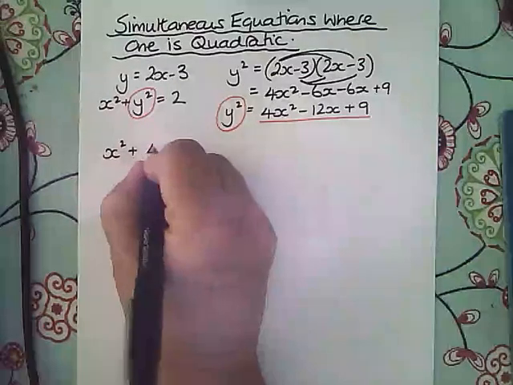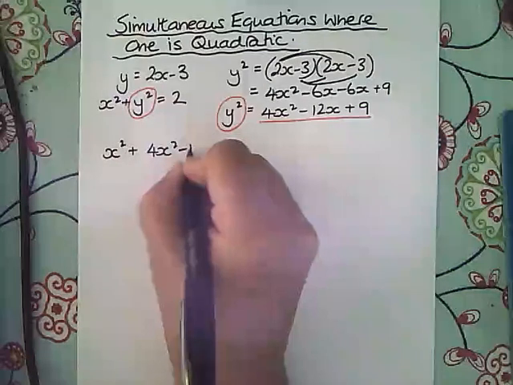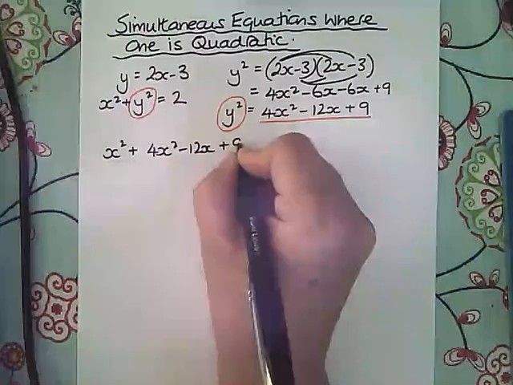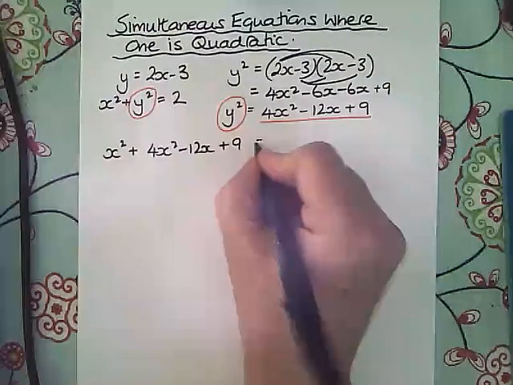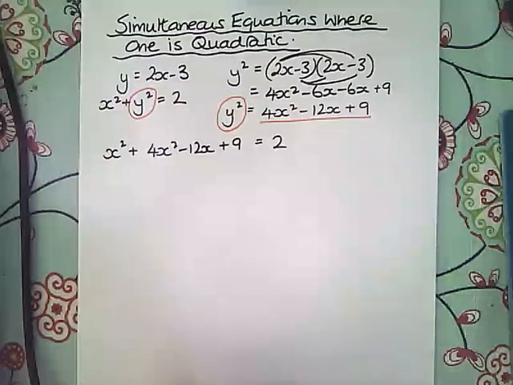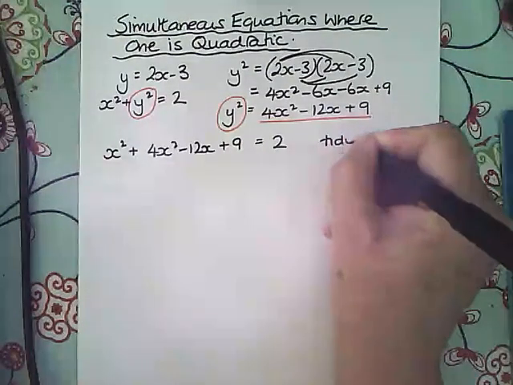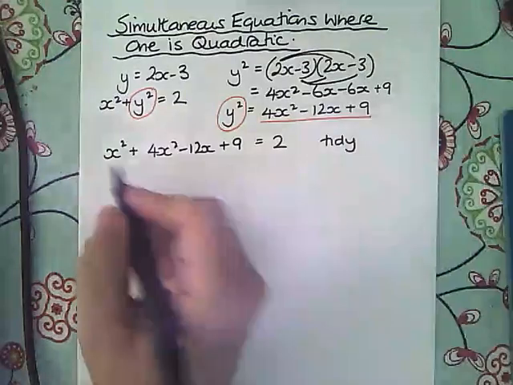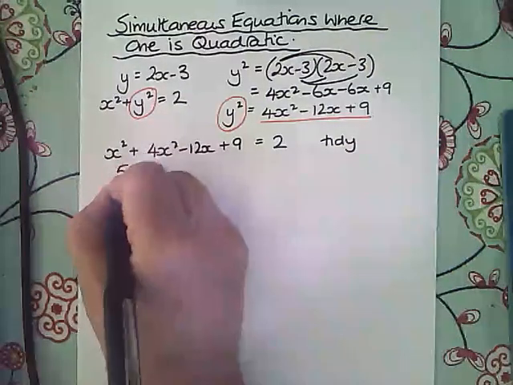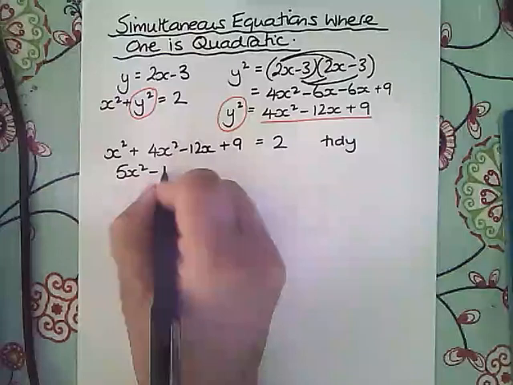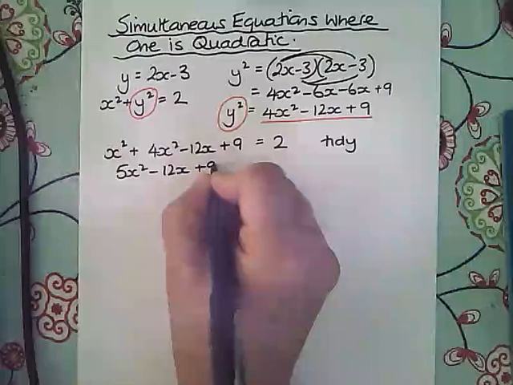So 4x squared minus 12x plus 9, and that is equal to 2. We are then going to tidy this up and collect things together that can be collected together. So here we would have 5 lots of x squared minus 12x plus 9 is equal to 2.